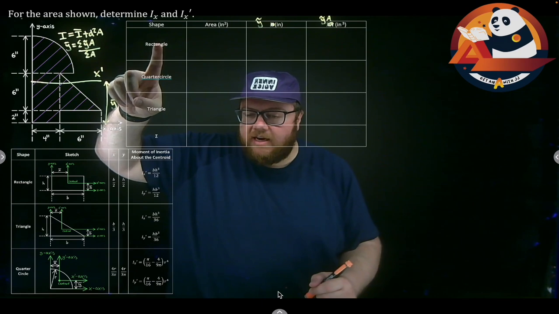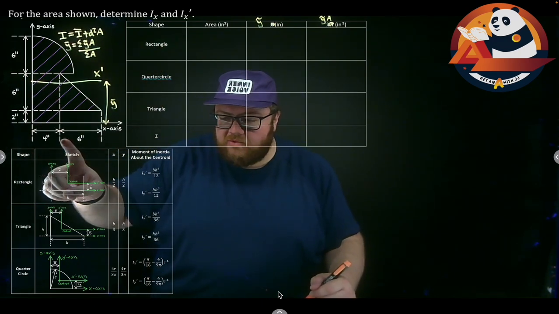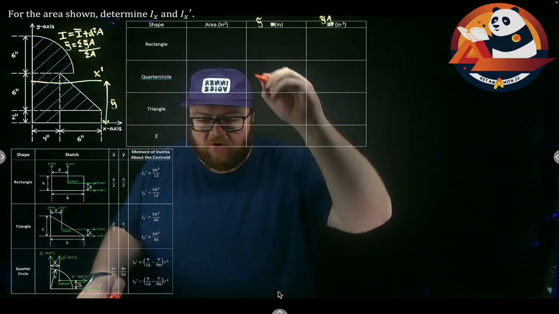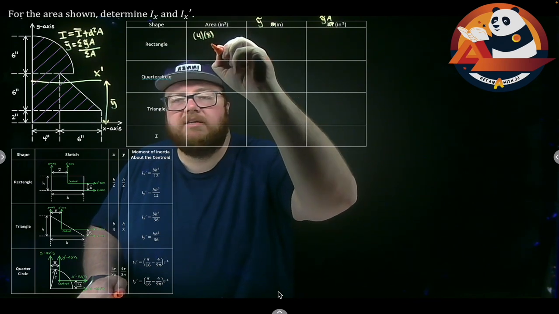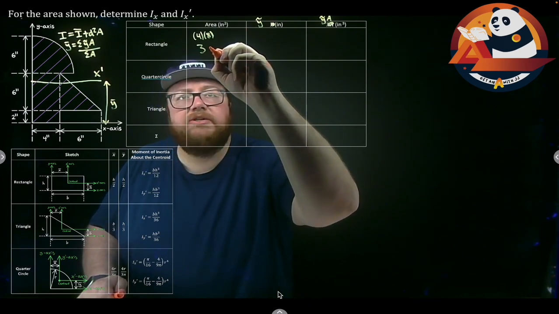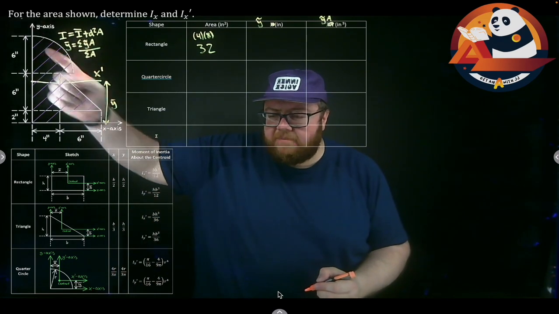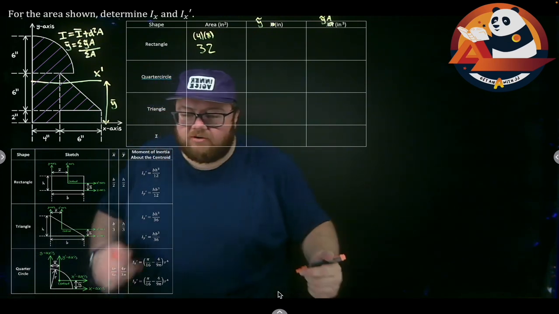I need for my rectangle, what's the area of it? So I can say that the rectangle is 4 inches wide, 2 plus 6, 8 inches tall. So 4 times 8 is 32. For the quarter circle, my area should be pi r squared divided by 4, because it's a quarter of a circle.